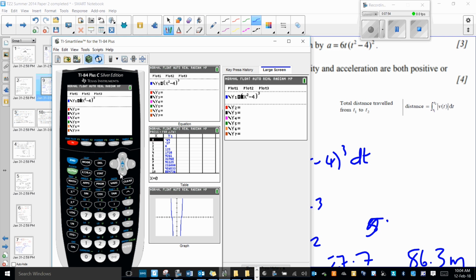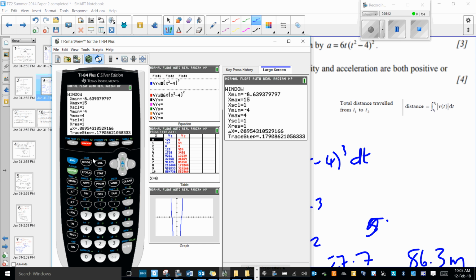So 6t times t squared minus 4, squared. Let's look at between 0 and 15. Let's graph it.